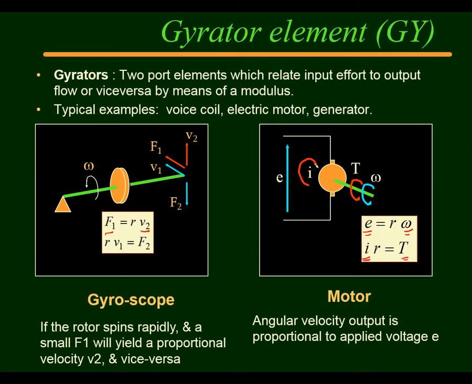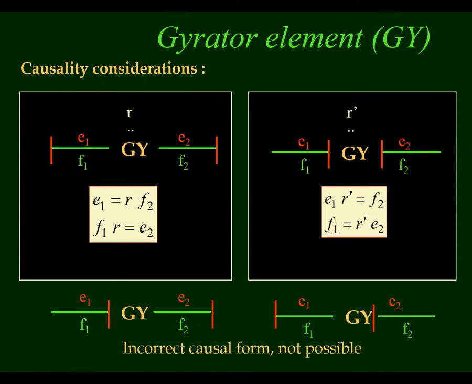Okay, so those are the last elements, and then of course we have the representation of the equations of this gyrator. As you can see on the screen, you can have the two efforts towards the ends, or the two efforts towards the middle, like in this case. This is the case where the flow goes in and gets transformed into an effort.